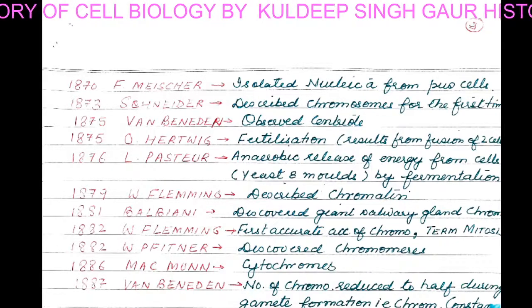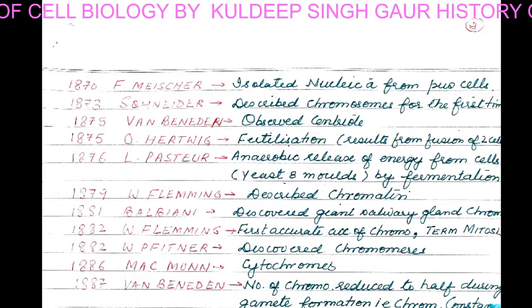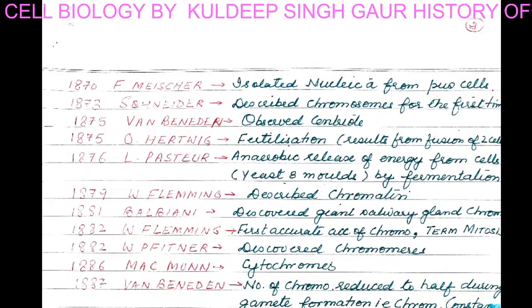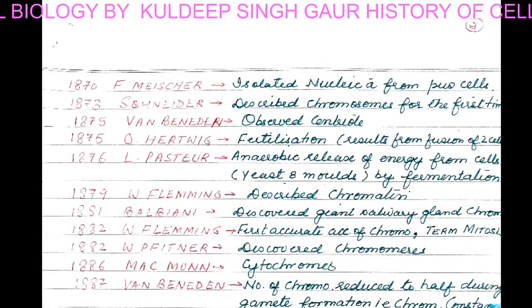1873, Schneider described chromosome for the first time. In 1875, Van Beneden observed centriole.